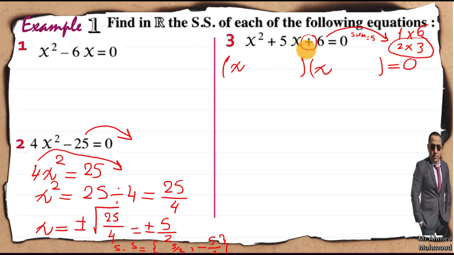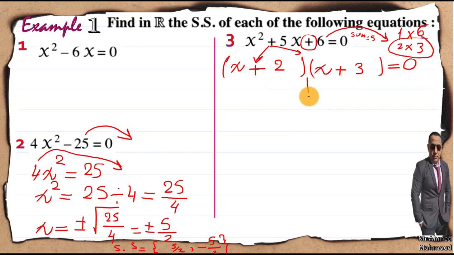Because this sign is positive, I'm going to send the middle sign here and there, so I'm going to write plus here and plus here, and write down 2 and 3. Now I have (x plus 2) times (x plus 3) equals 0.